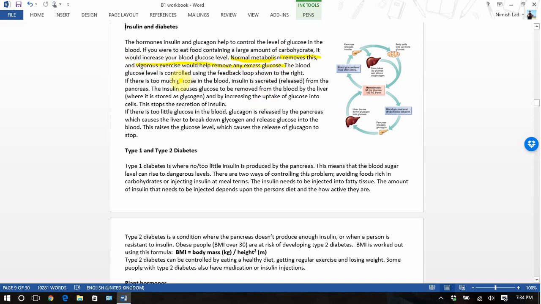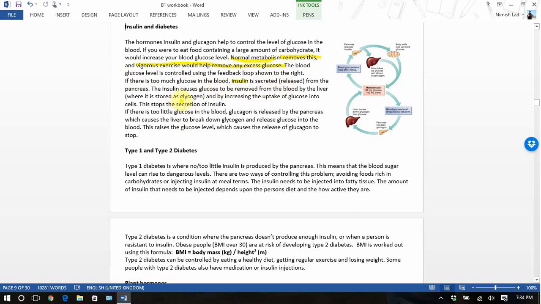The blood glucose level is controlled using the feedback loop shown on the right. So I'm going to go through that here step by step. If there's too much glucose in the blood, insulin is secreted. Too much glucose, insulin is released. And that comes from the pancreas. This insulin causes the glucose to be removed from the blood and stored in the liver.